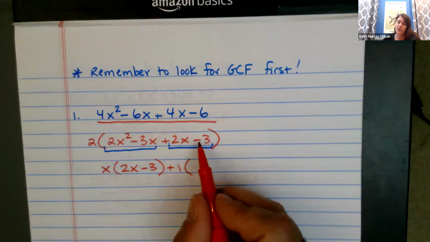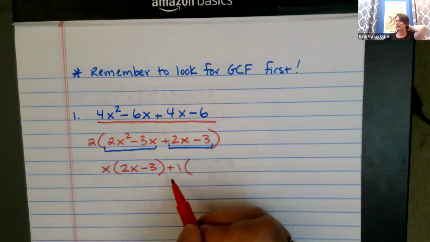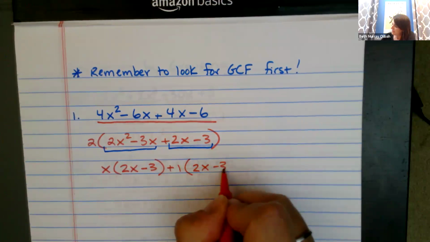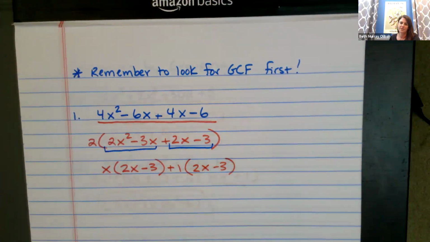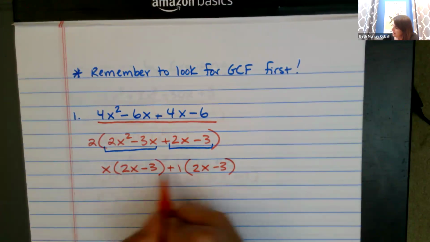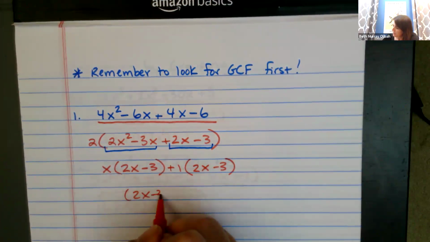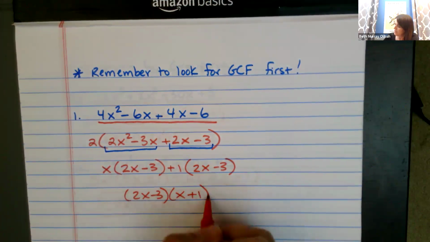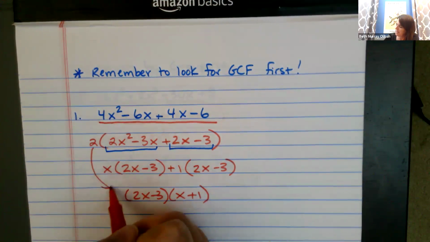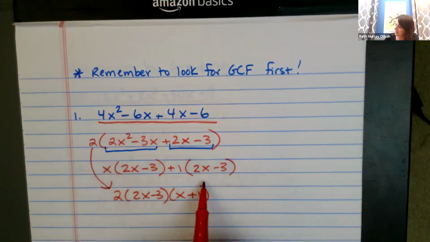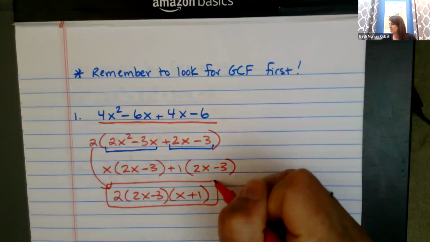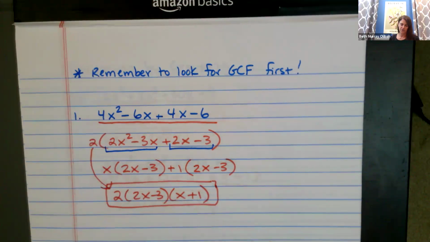If nothing can come out, but you want to change the signs, then write a -1 out front. So in this case, +1 because I'm fine with the signs the way they are. Now my parentheses match. So my final answer is one set of the parenthesis and then the x +1. But in this case, I took that 2 out of the very beginning. So don't forget that it should be in front of those factors for your final answer.